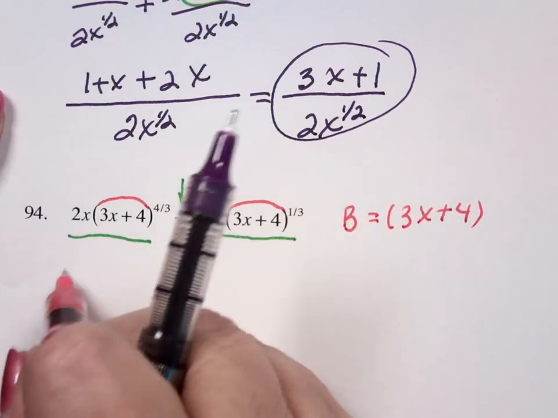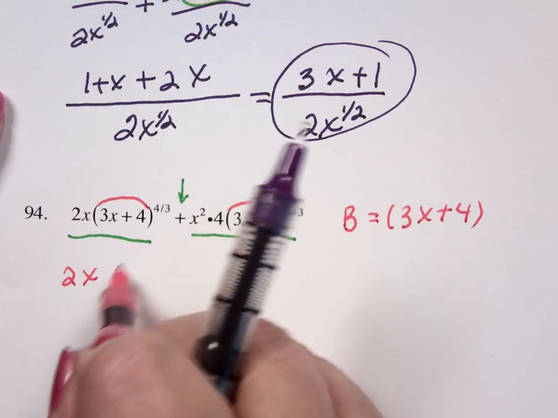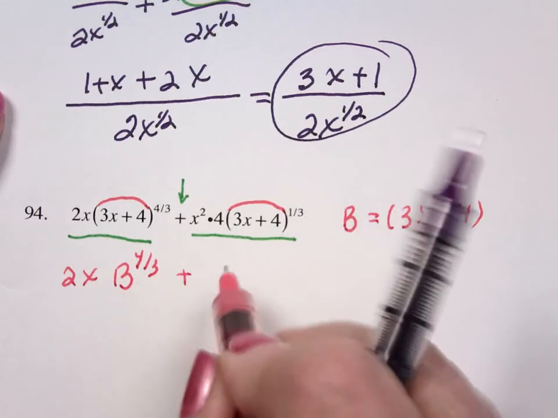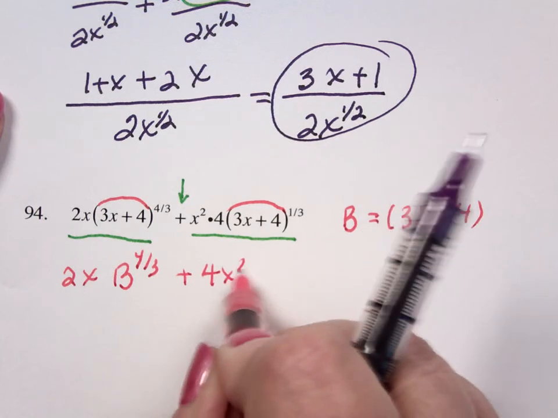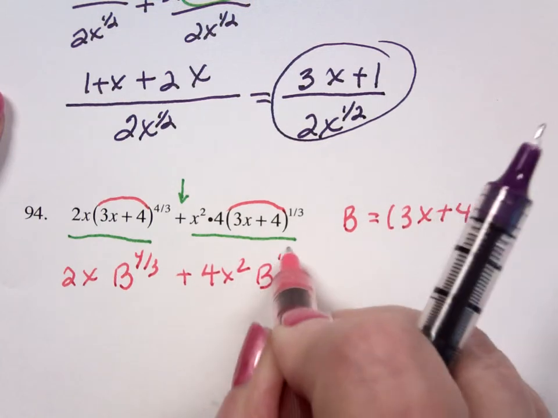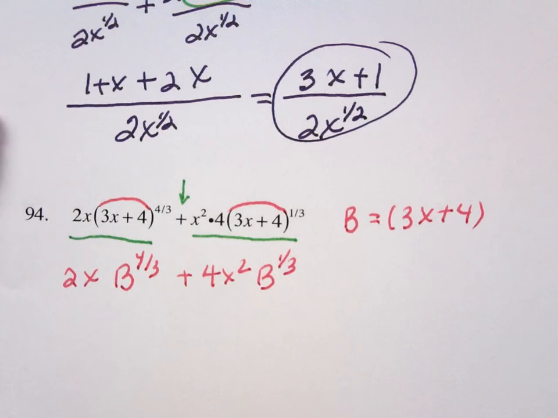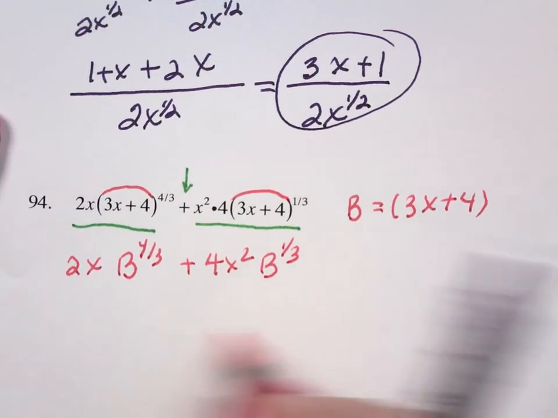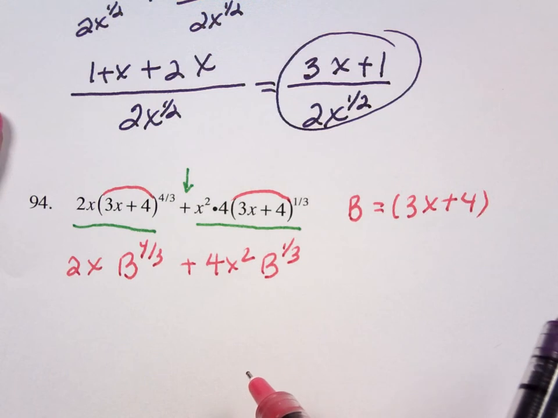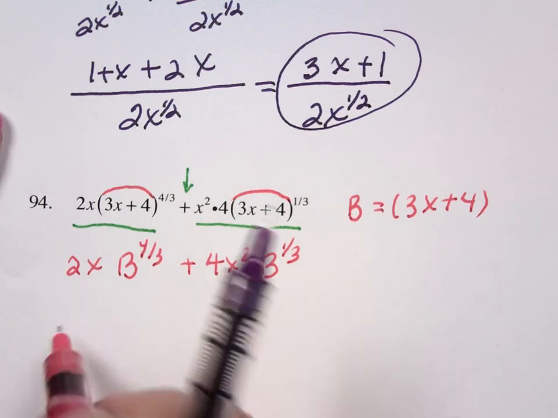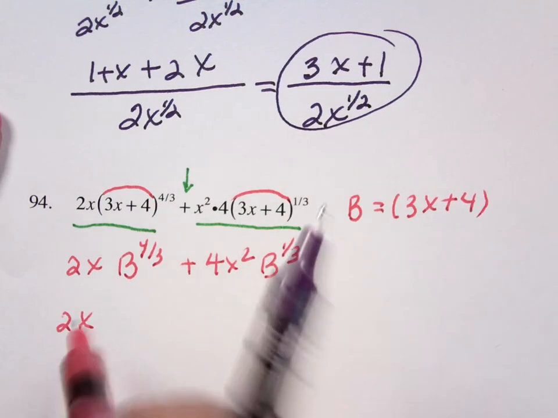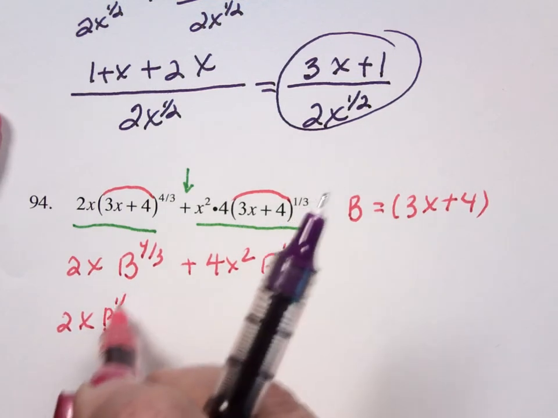So this is going to be 2x blob to the 4/3 plus 4x squared blob to the 1/3. Now I have a greatest common factor of a 2 and an x and a blob to the 1/3.